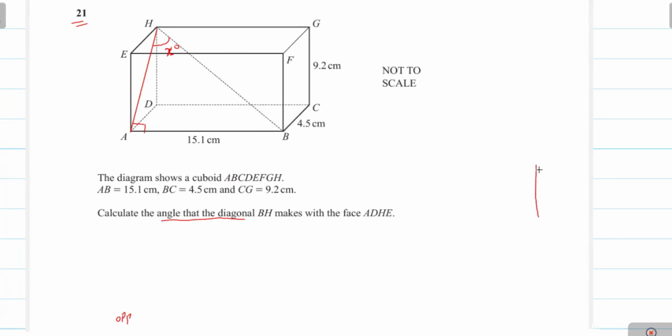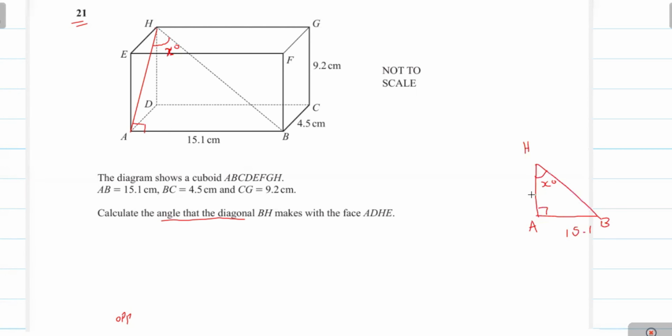In this right angle triangle, this is AH and this is AB. The length of AB is 15.1. And this is the angle we have to find. If we find the length AH, we can find the angle x degree. Firstly, we have to find this length AH. You see here, this is the diagonal of the face ADHE.